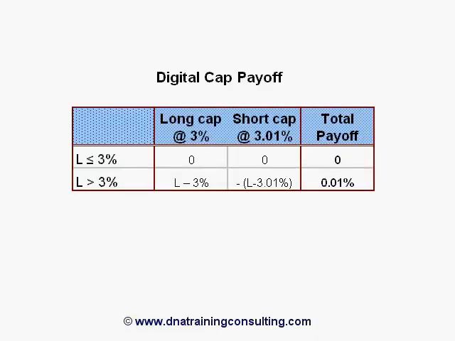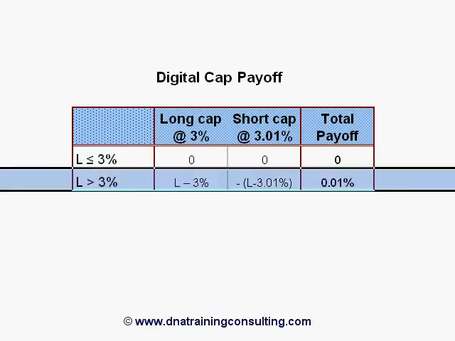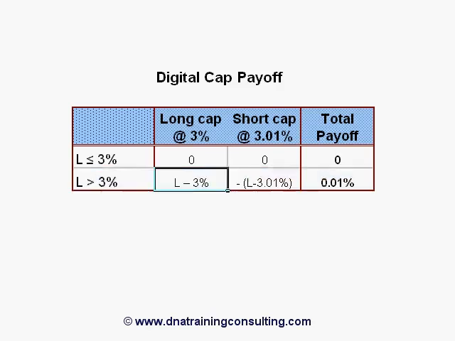The more mathematical will reach the same result algebraically by noting that when LIBOR exceeds 3%, the payoff from this combination is equal to LIBOR minus 3% minus LIBOR minus 3.01%, which is exactly 1 basis point.